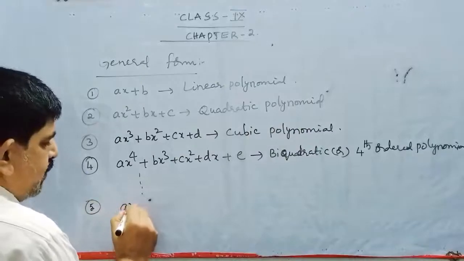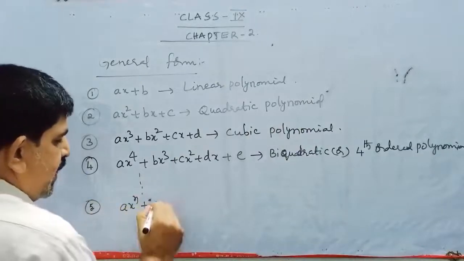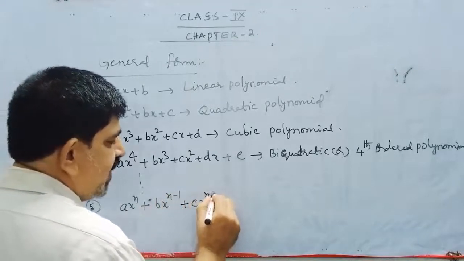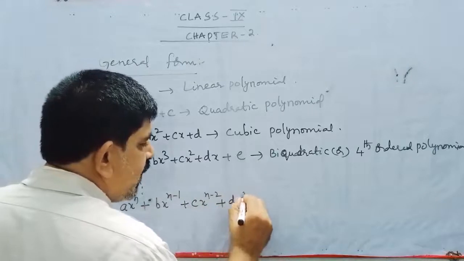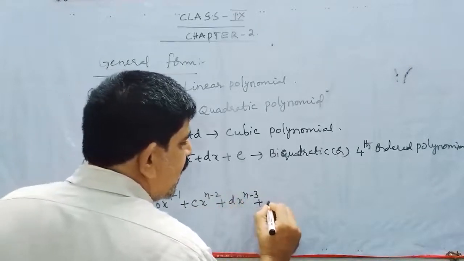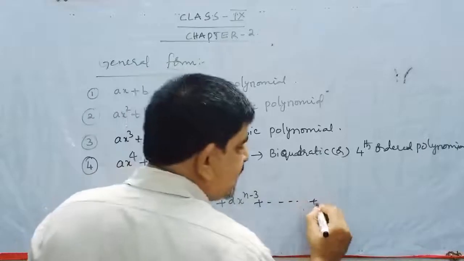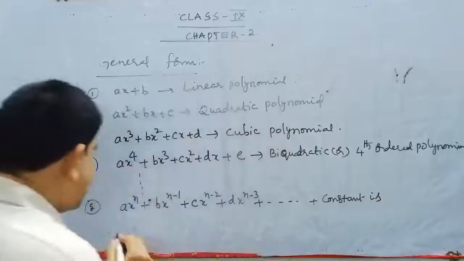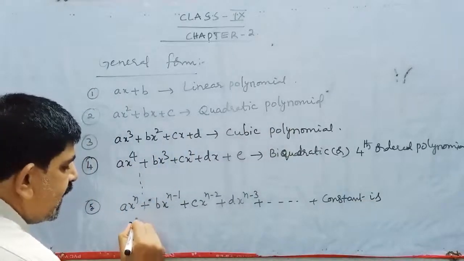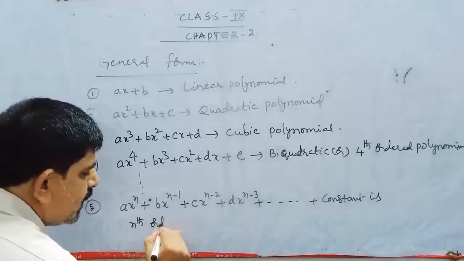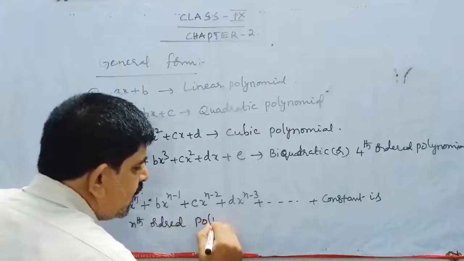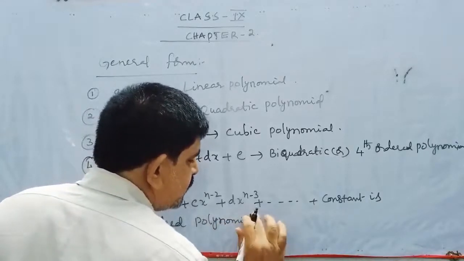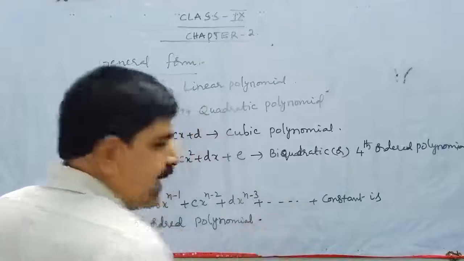Ax to the power of n plus bx to the power of n minus 1 plus cx to the power of n minus 2 plus dx to the power of n minus 3 plus and so on, and the last one is a constant. This is the nth ordered polynomial. Okay. Understood, children?